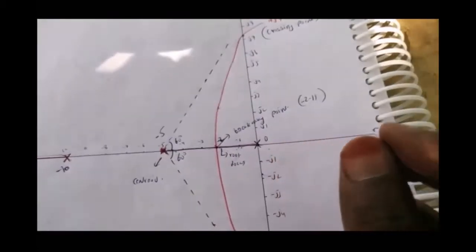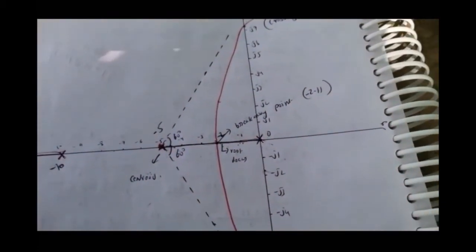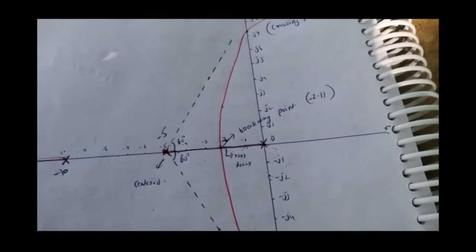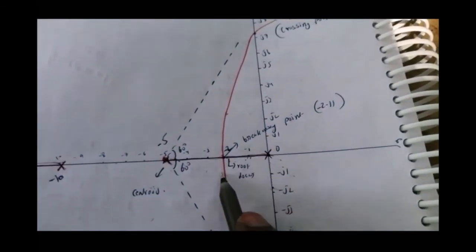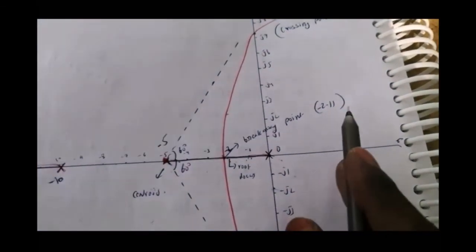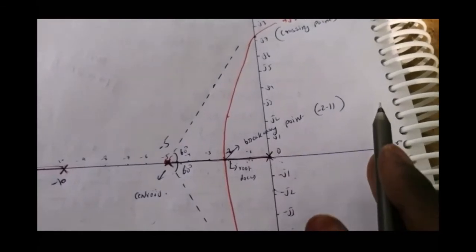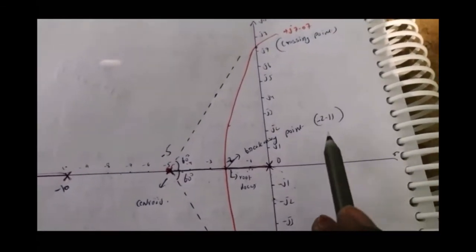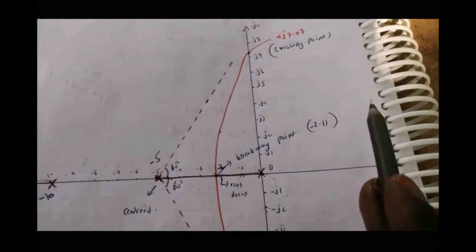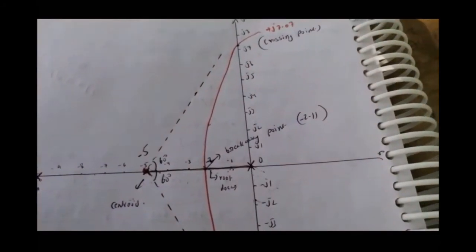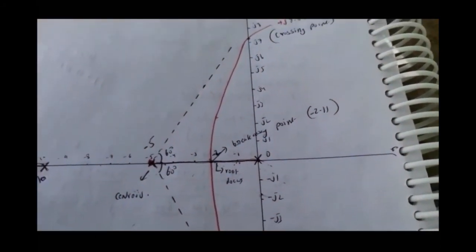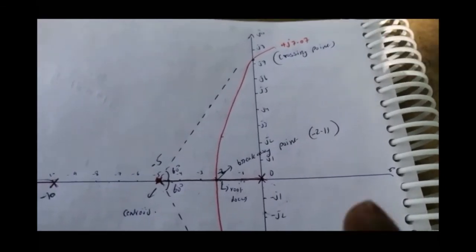So the next step is to find the breakaway point. We have two roots of the k equation: one is -2.11 and one is -7.07. We substitute these two values in the equation for k. Both give real, positive values, but the condition for a breakaway point is that it should lie on the root locus. If you consider -2.11, it is located here, so this point lies on the root locus.